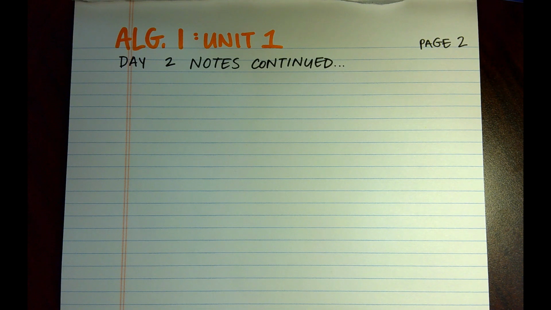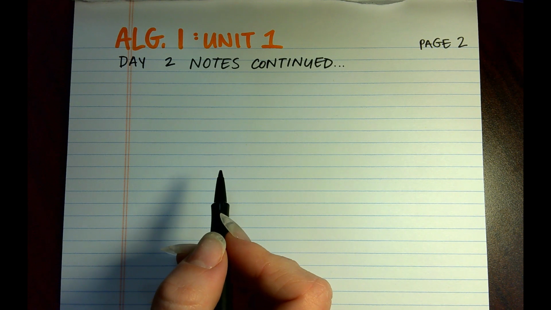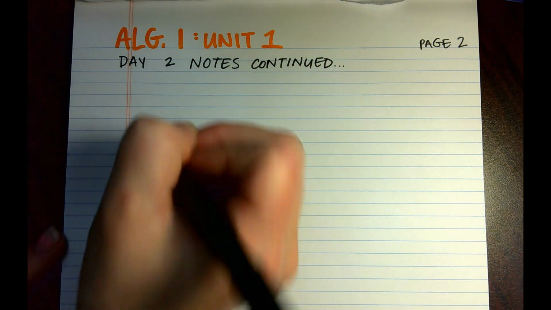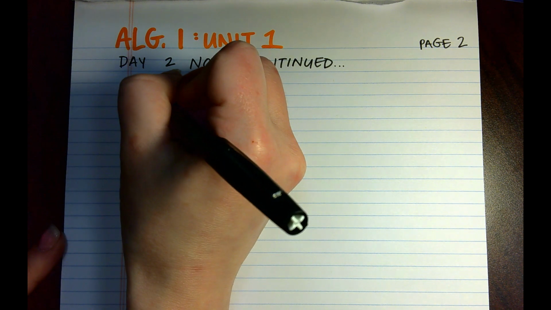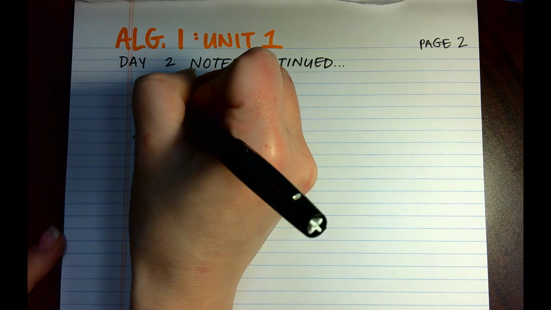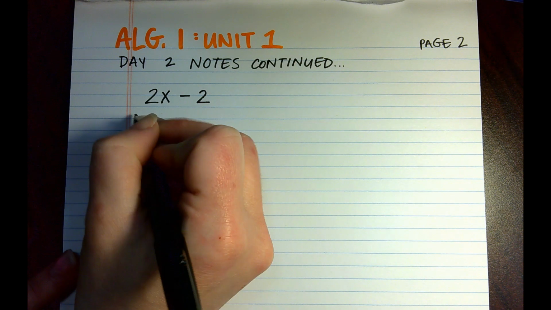So, we just looked at a problem where we have some distribution. But now, what if we have a problem like this? What if I gave you 2x minus 2?